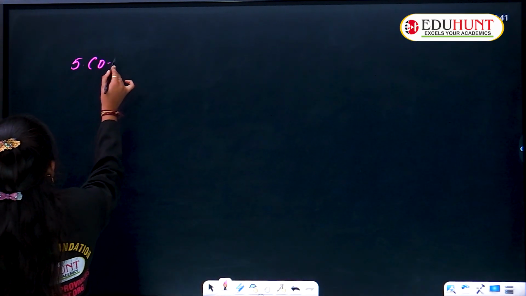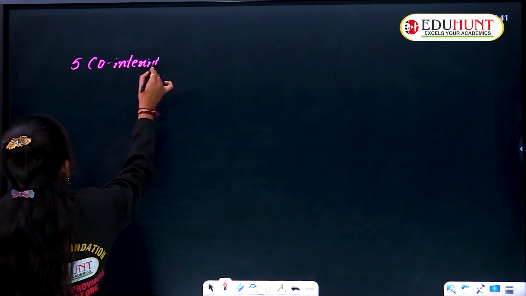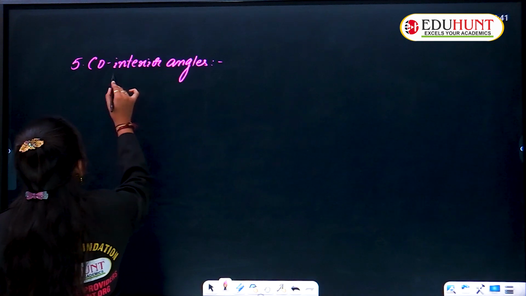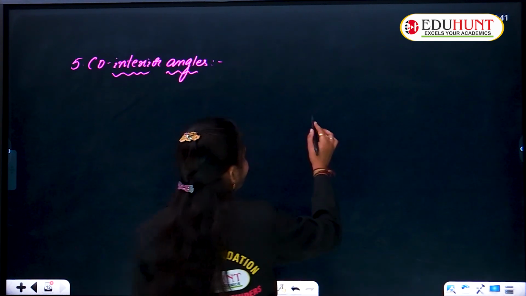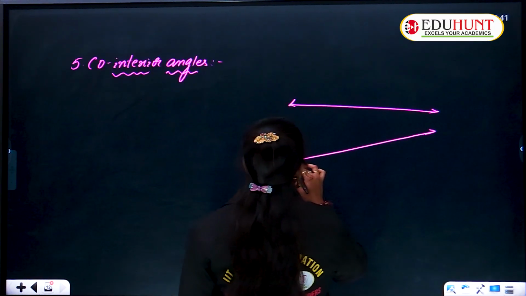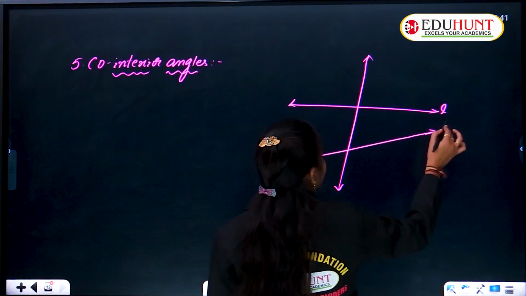What about co-interior angles? Okay, children. Co-interior angles are nothing but, here, this is a transversal and these two are the lines.